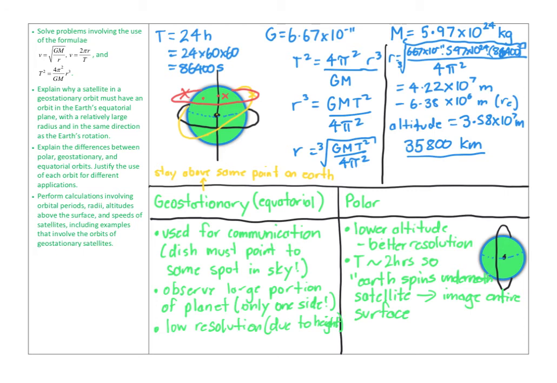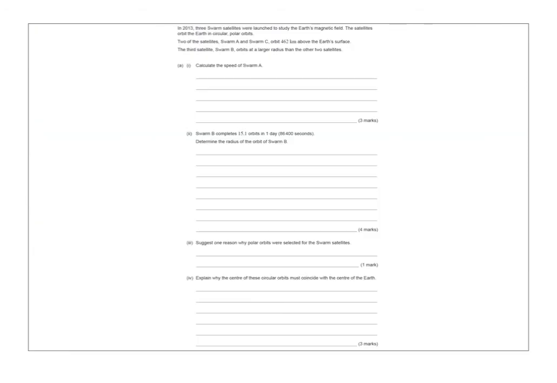So one more slide to go, and I'll go through some of these example problems from a previous exam that we have here, where we talk about solved problems. Let's get on with this and get it over with. Previous exam question: in 2013, 3 swarm satellites were launched to study the Earth's magnetic field.